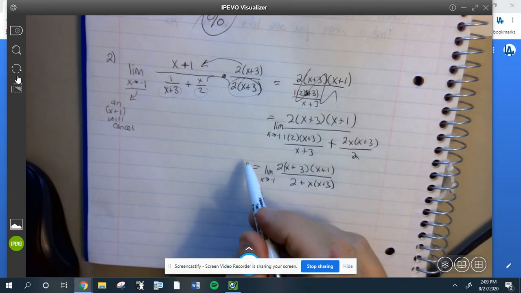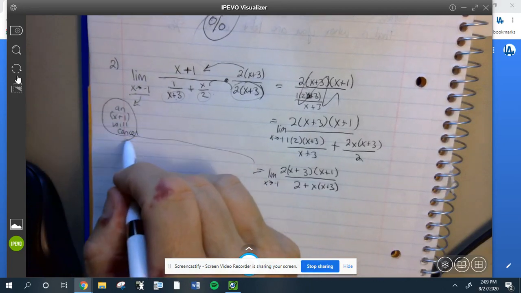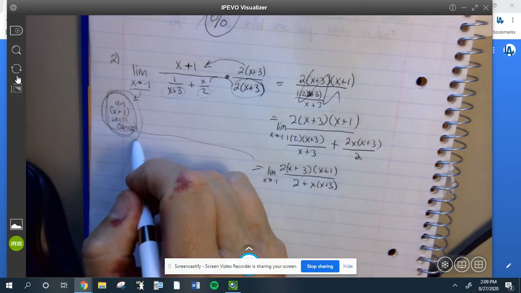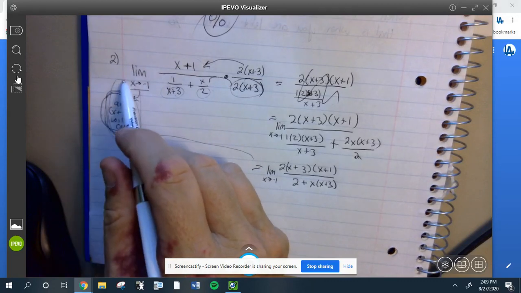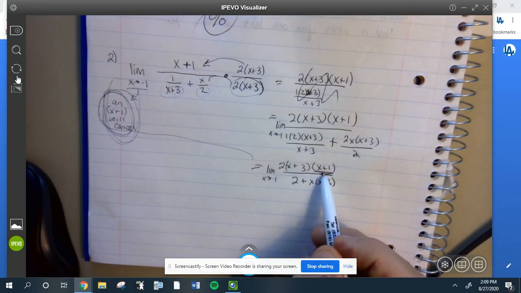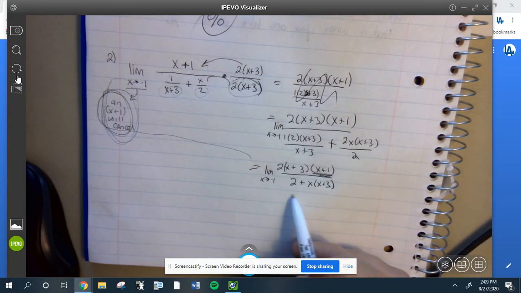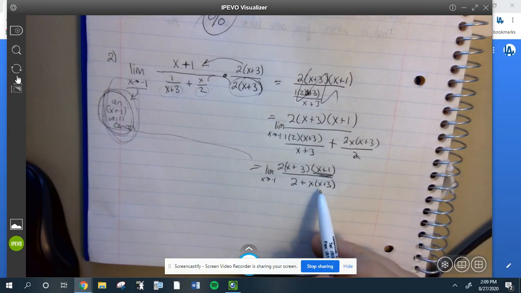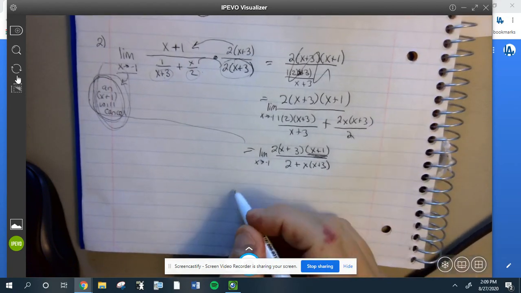And again, let's go back to here. And x plus 1 will cancel. So if you're keeping that in mind, we love that this x plus 1 is right here. We're going to simplify the bottom, and we're going to get an x plus 1. So here we go.